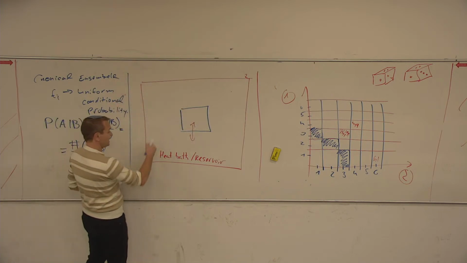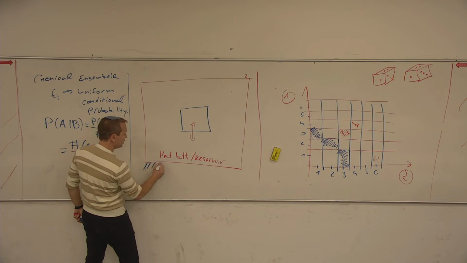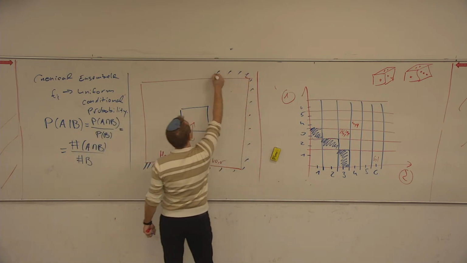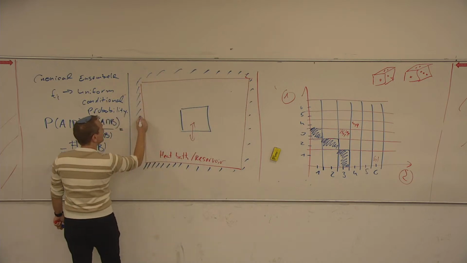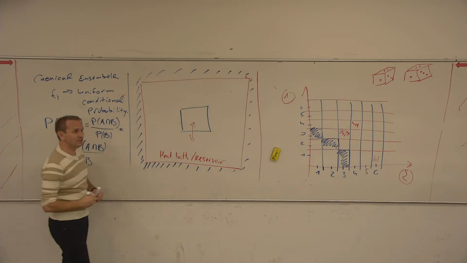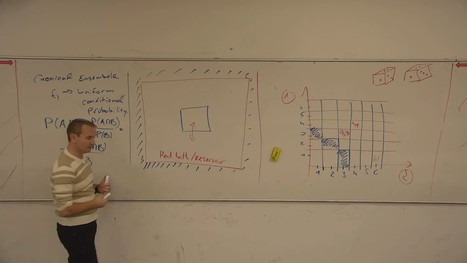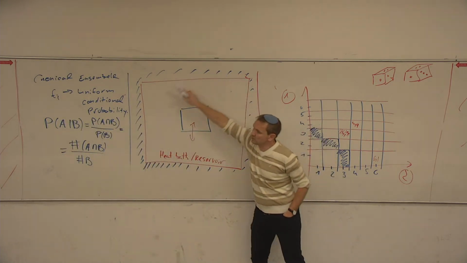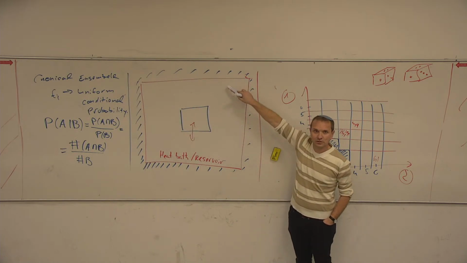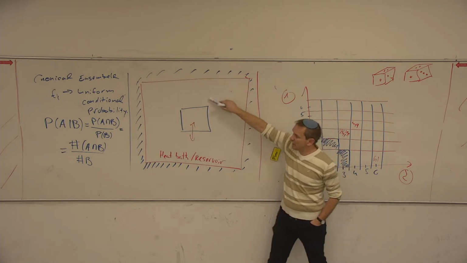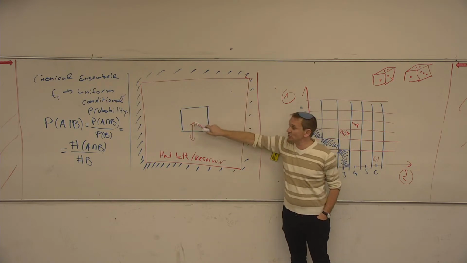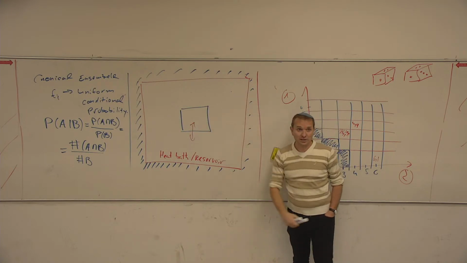The heat bath cannot exchange energy or particles or anything with the outside world. So this is some sort of conditioning. We condition that the total system is a closed system, but our system is a part of this closed system, and it can exchange energies with this heat bath.